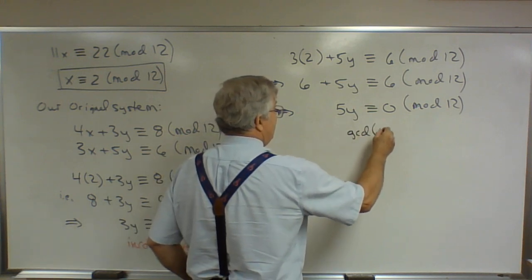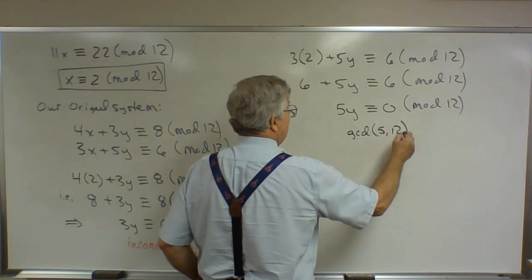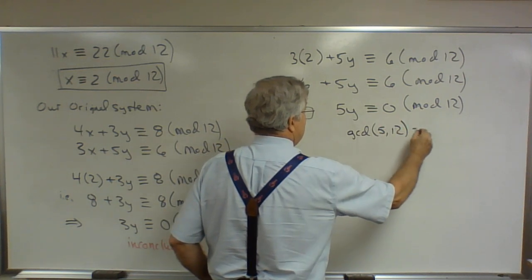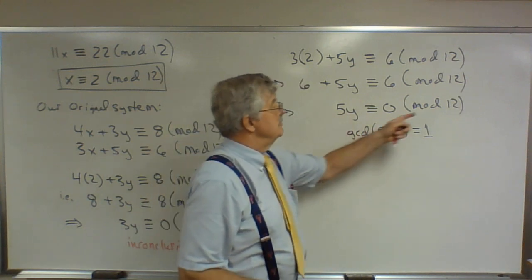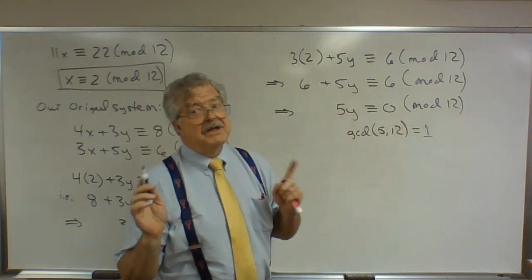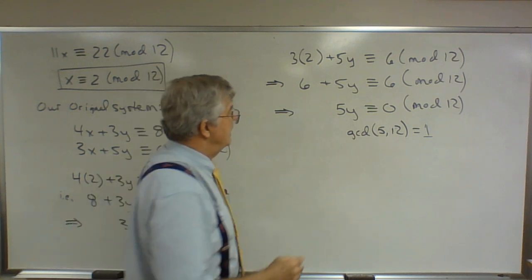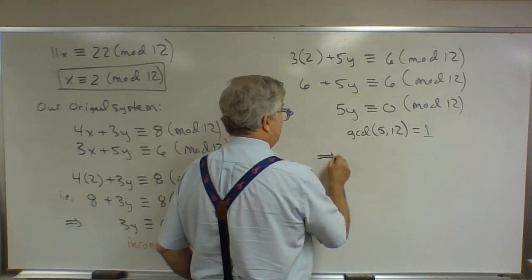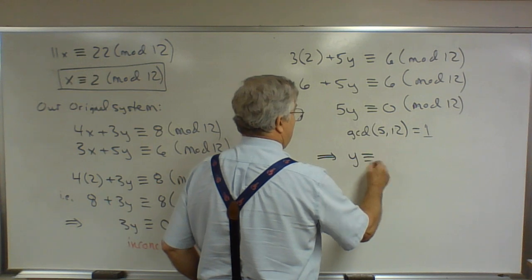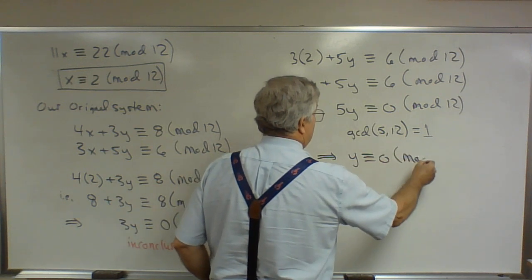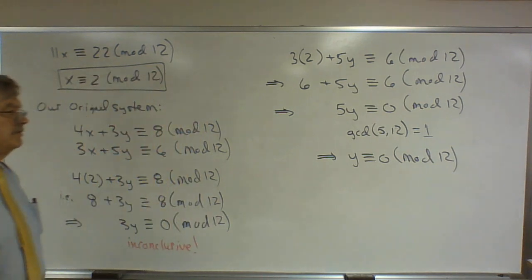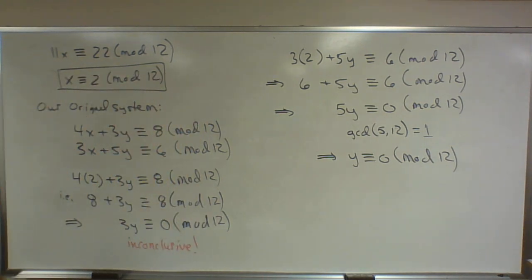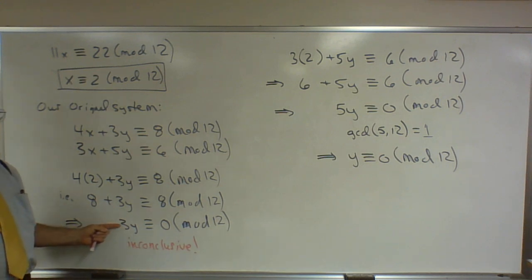Greatest common divisor of 5 and 12 is equal to 1. 5 is not a zero divisor of 12, so we can divide both sides by 5. Okay, so it did turn out to be y congruent to 0 after all, but down here we couldn't be sure.